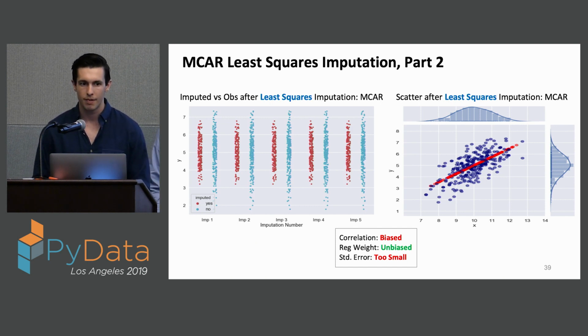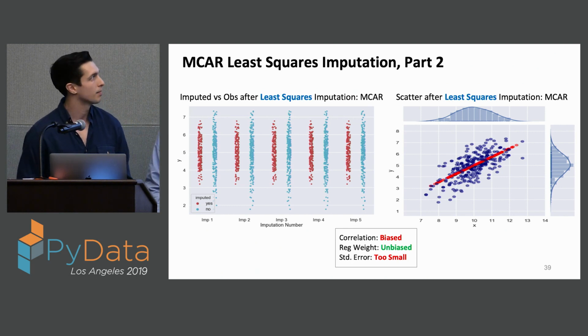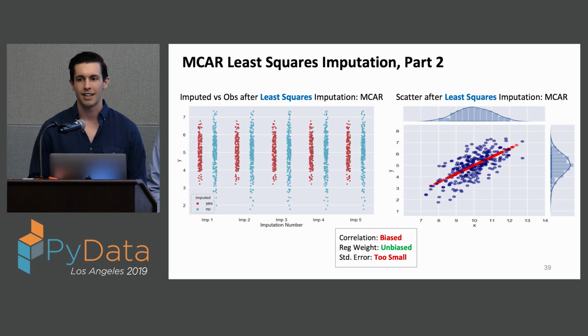When Y itself, the dependent variable, is missing completely at random, the model you're building to impute missing values will be the same as the model you actually use for a regression.